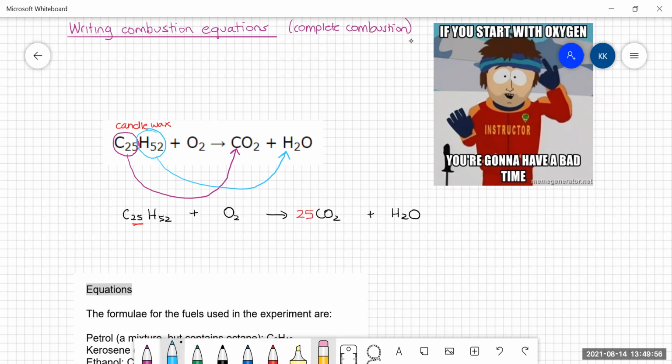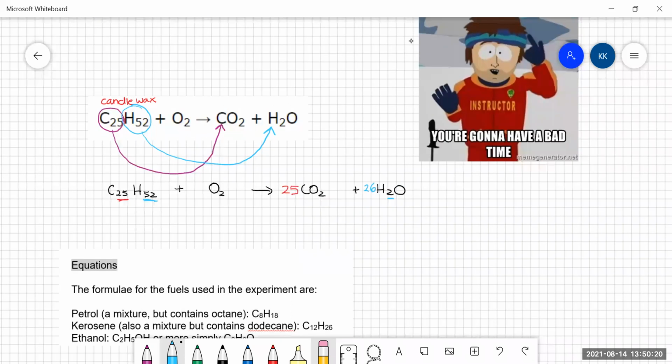When it comes to the hydrogen, I have 52 hydrogens in my candle wax, and they all have to go into the water, which means because there's 2 hydrogens per water, I'm going to need 26 water molecules to get the 52 hydrogen atoms. When I get to this point, I can start to tally my oxygens.